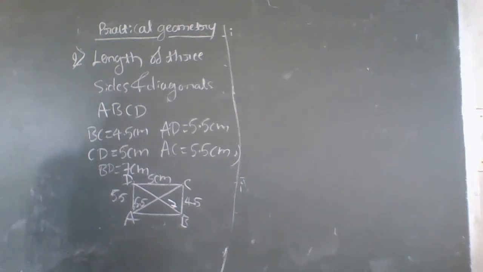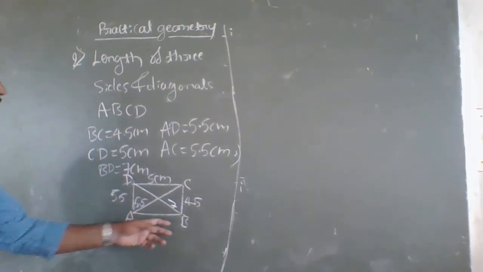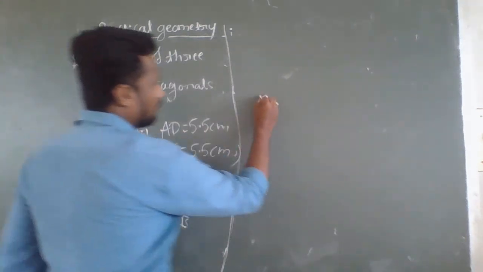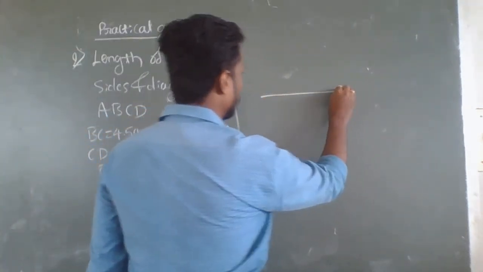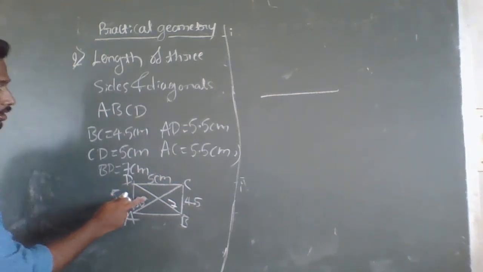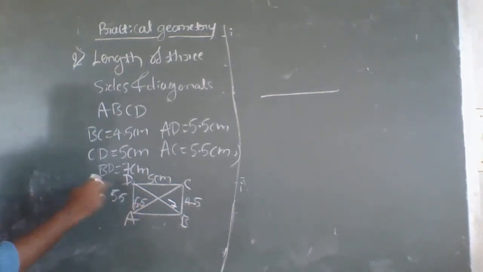So now, to construct this, there are 2 diagonals, AC and BD. You can consider any of the diagonals as the base. So here first I will consider AC as the base. Always consider the diagonal which is of less length.